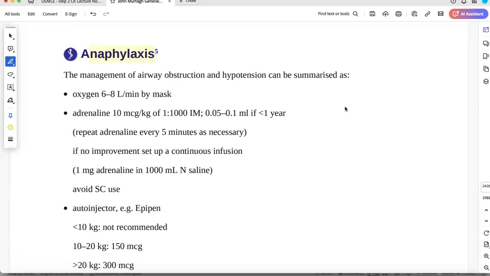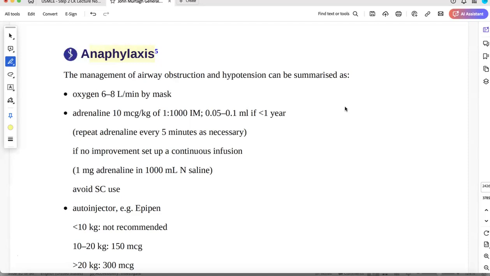Along with that, the patient will have swelling of lips and tongue, shortness of breath, wheezing, dizziness, confusion, even sometimes loss of consciousness, and shock. That's anaphylaxis, and it usually happens within minutes of something the patient is severely allergic to.